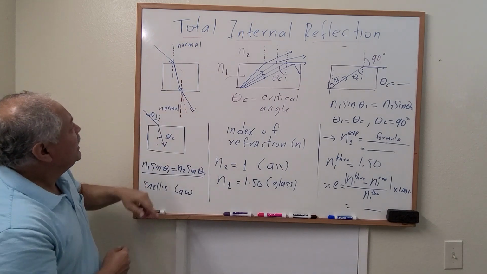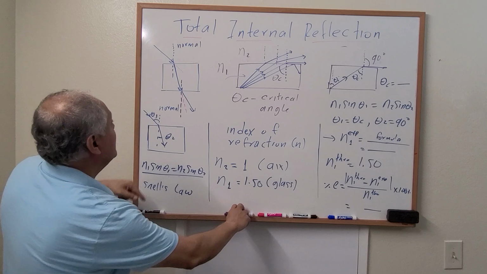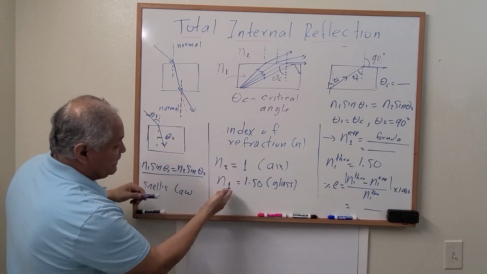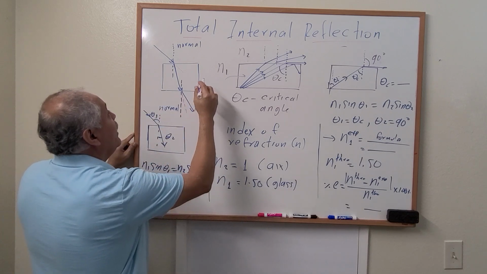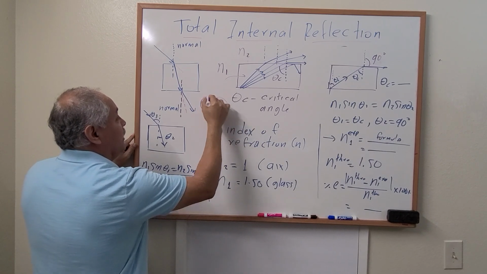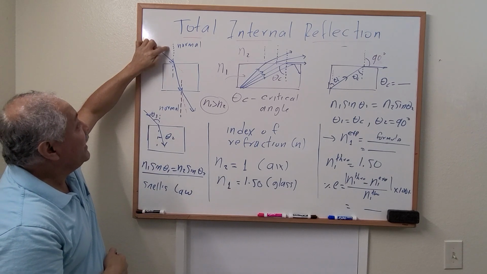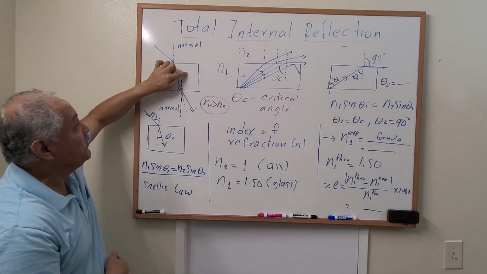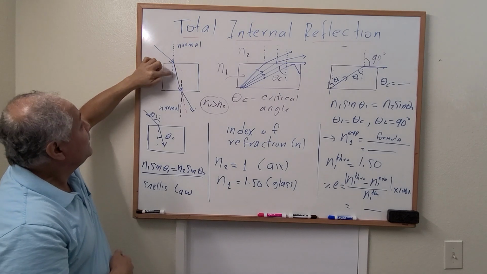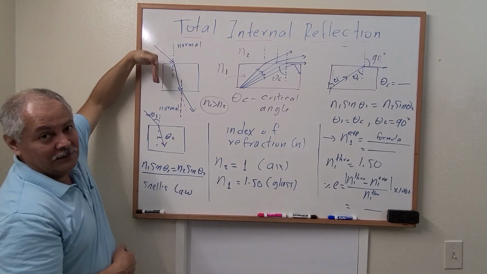Okay, look, if this is air and this is glass, we know from this data right here that N1 is greater than N2, correct? Now when this index of refraction is less than this index of refraction, the ray is refracted toward the normal.